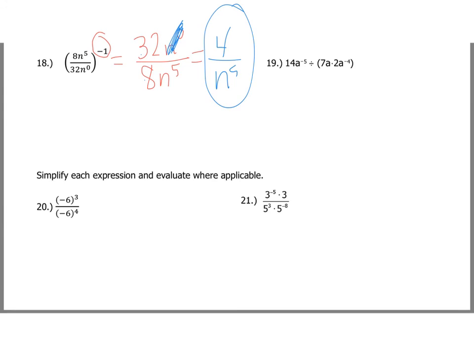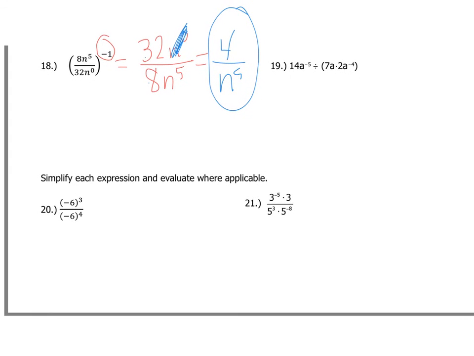There's your final answer. For number 19, 14a to the negative 5 divided by 7a times 2a to the negative 4. So what we're going to do is not move the background. We are going to rewrite this as 14a to the negative 5 over 7a times 2a to the negative 4.